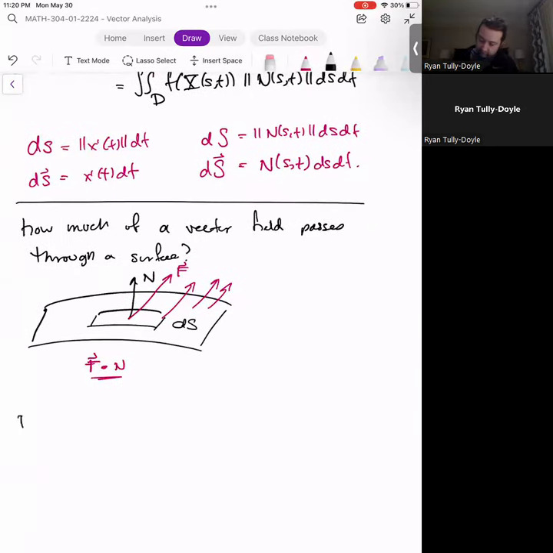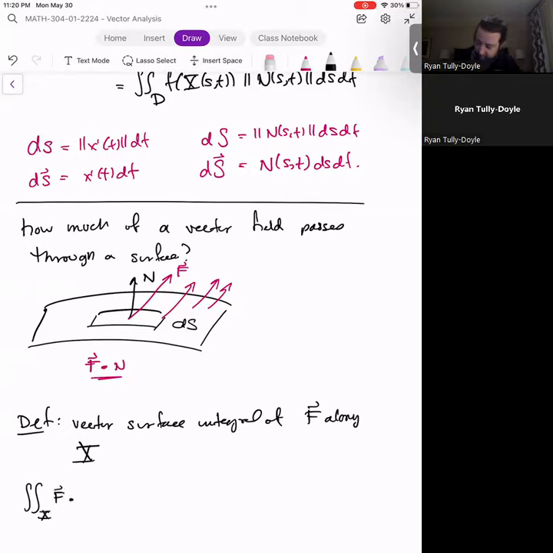So here's our definition. This is the vector surface integral of F along x. We define it to be the following.